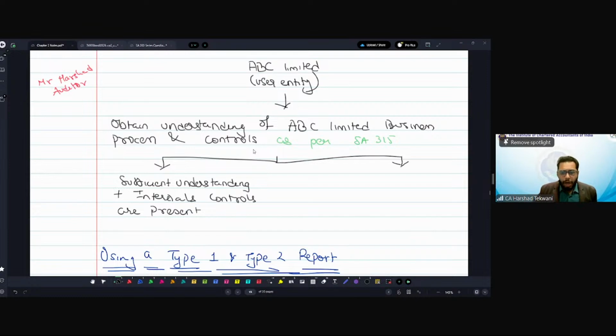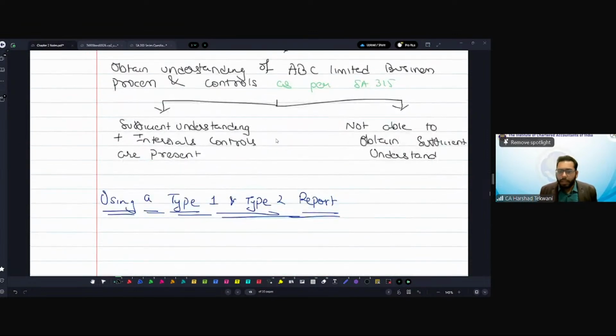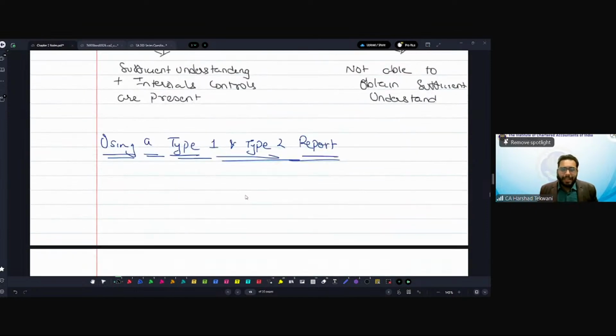But if I'm not able to obtain sufficient understanding, then you are saying that I should use a type 1, type 2 report, correct?